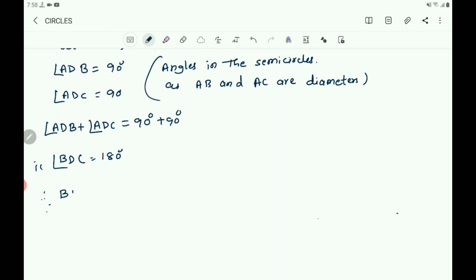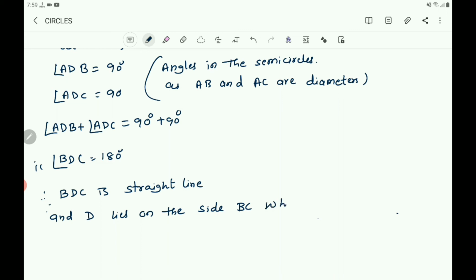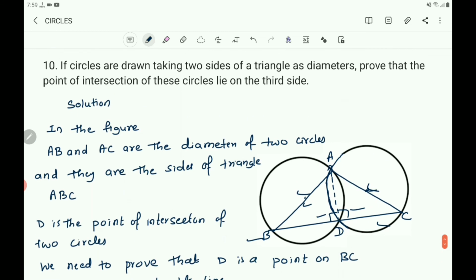Therefore BDC is a straight line, and D lies on BC, which is the third side of a triangle ABC.